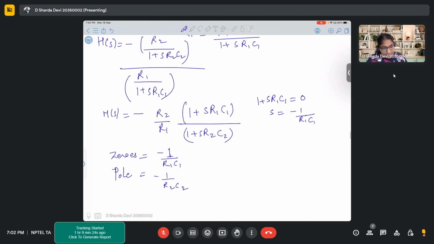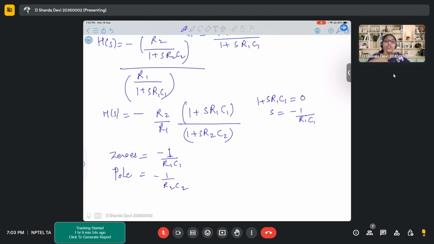Ma'am, a small doubt: why are we equating these to 0? The zero is the frequency for which your gain goes to 0. Similarly, when we say pole, the transfer function goes to infinity.